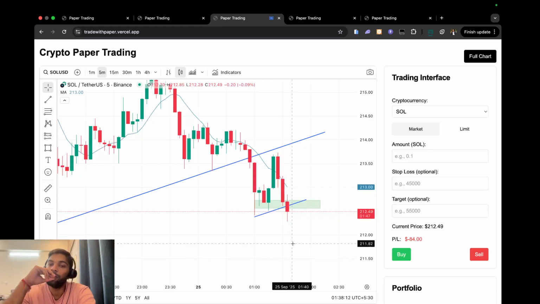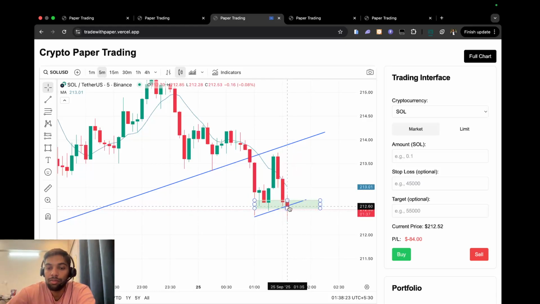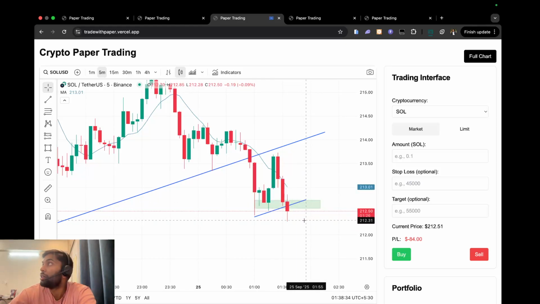Let's wait how this candle will close, because I'm very interested in how this candle will close. If it is inviting all the sellers and just taking their stop losses, then it will continue again at this point. And that is exactly what it's doing right now.